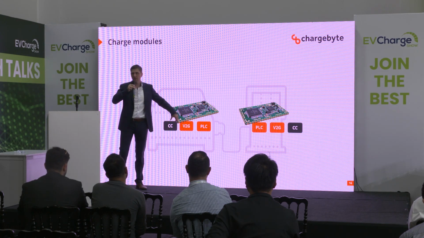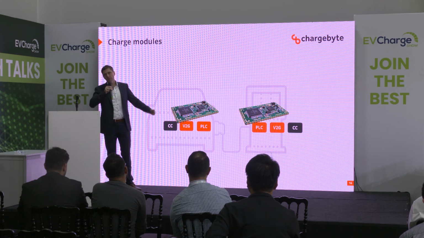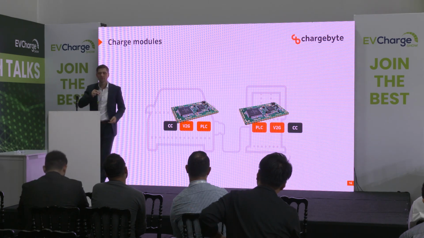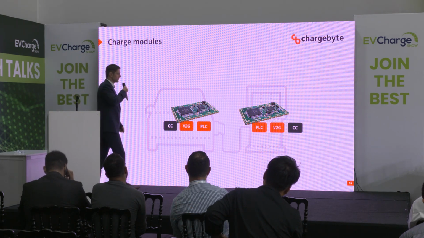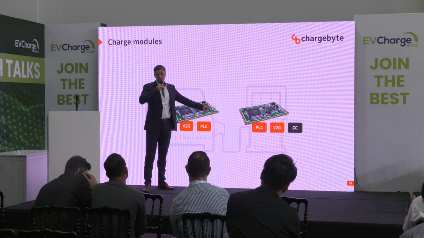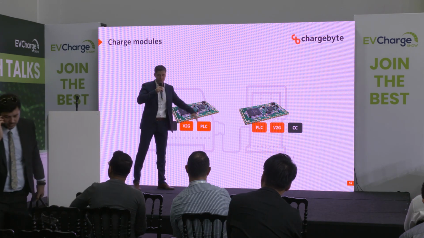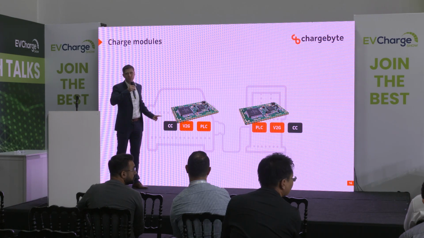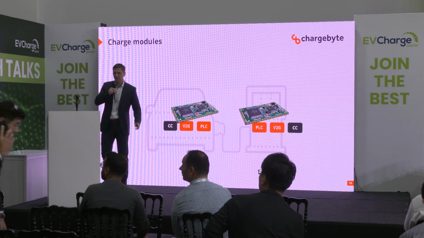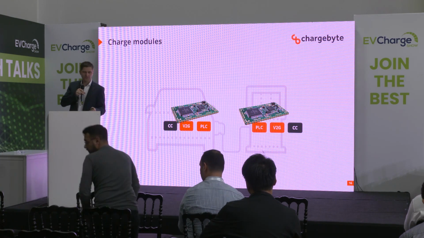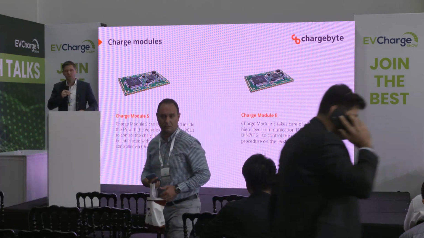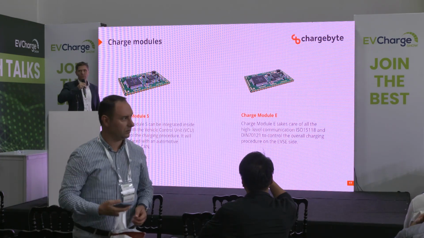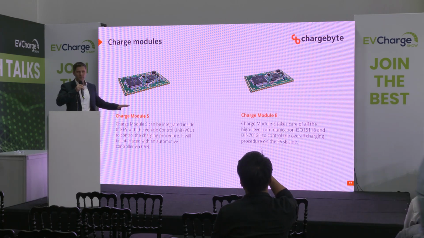And the controller is then handling the TCP/IP and all the V2G stuff I talked about. So on the output is then power line communication, high frequency. And on the input, you're just sending CAN signals. You're just sending, I want to have that current, I want to have that voltage, and the module is then doing the rest for you.